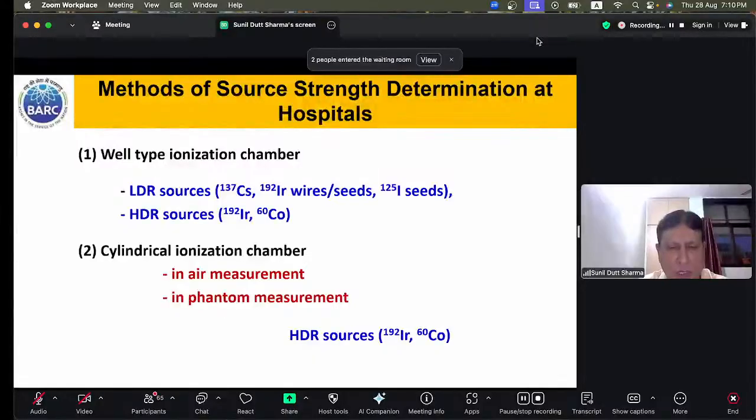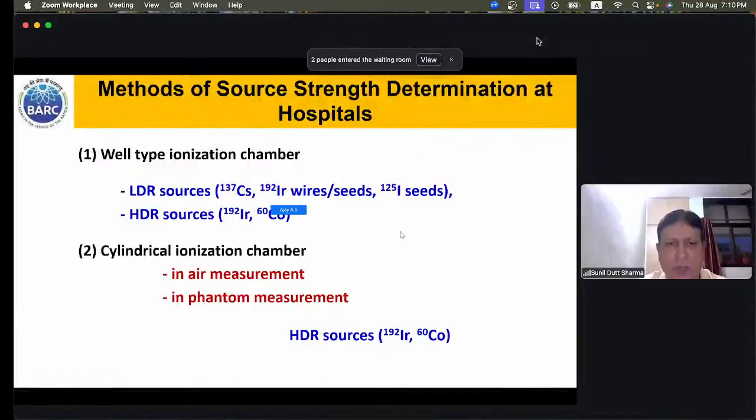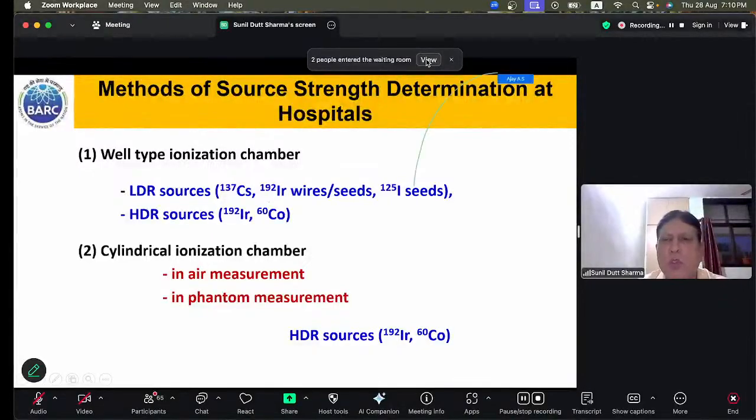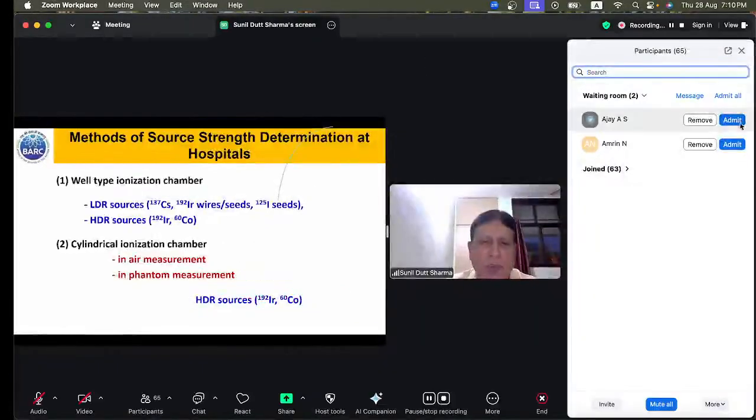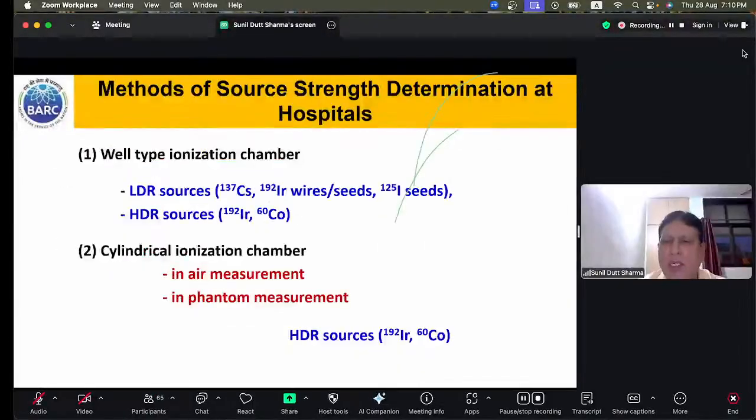But when one was aiming for in-phantom measurement, ideally SDR sources were thought to be suitable. The reason is that for LDR sources, the signal strength was so small that it was not possible to do in-phantom measurement and go for calibration of the source.